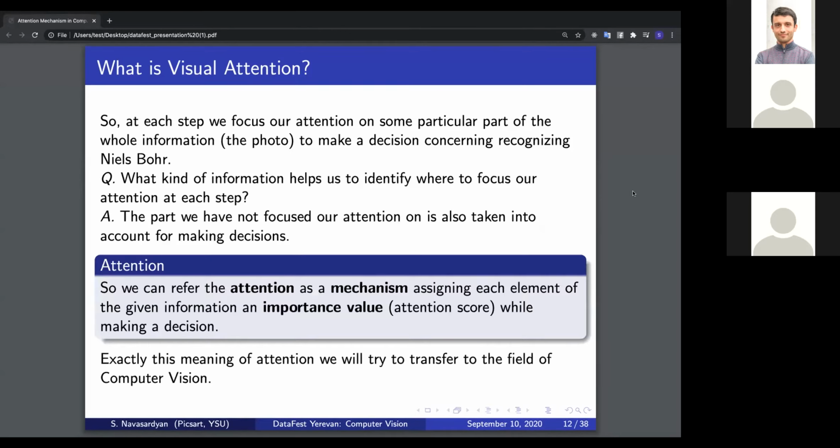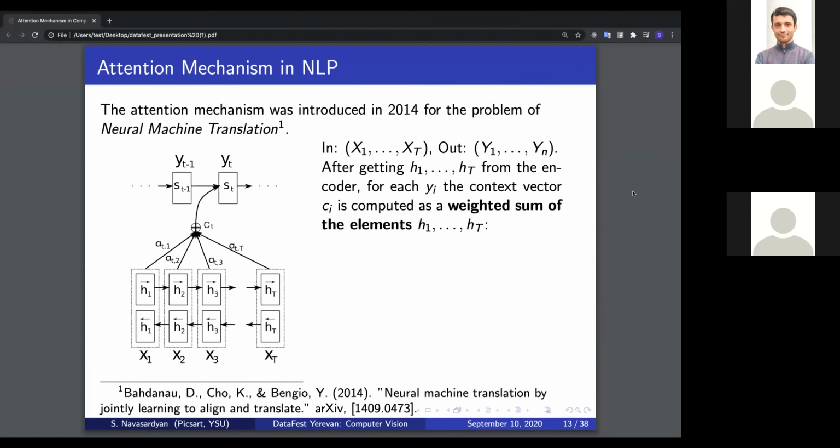So the attention mechanism can be defined as assigning importance values, or attention scores, to the elements of the visual information we get. This meaning of attention we will use in computer vision to define the attention mechanism. But at first, let's begin from the origins of this concept.